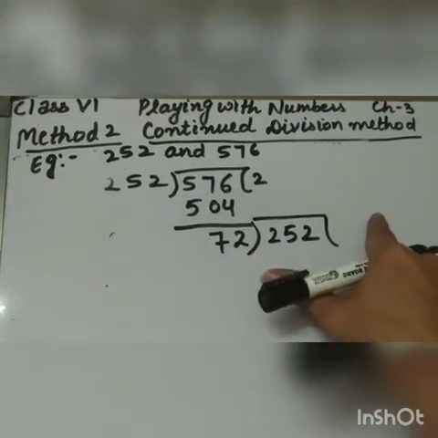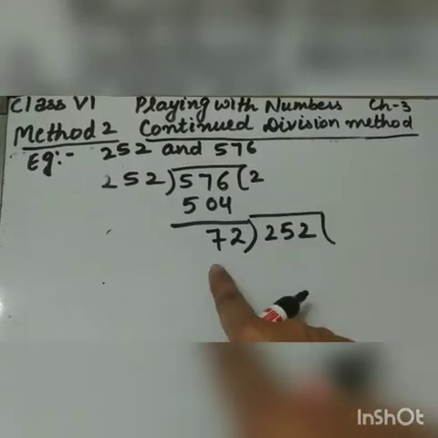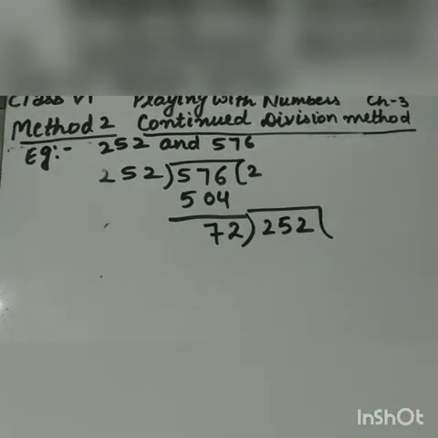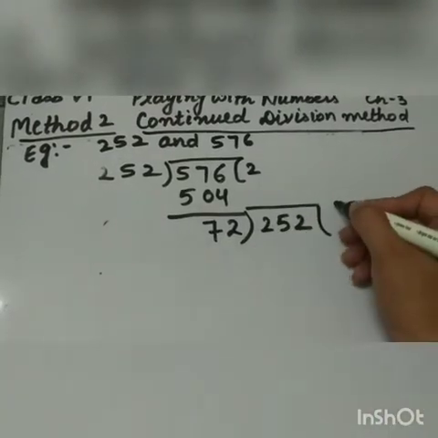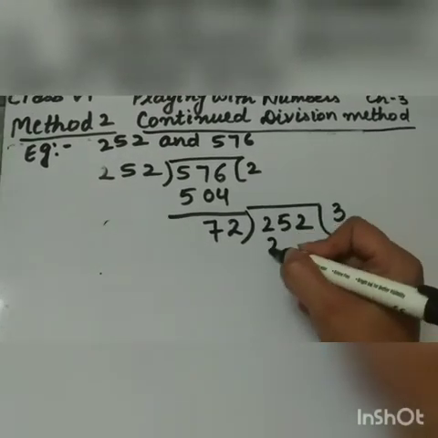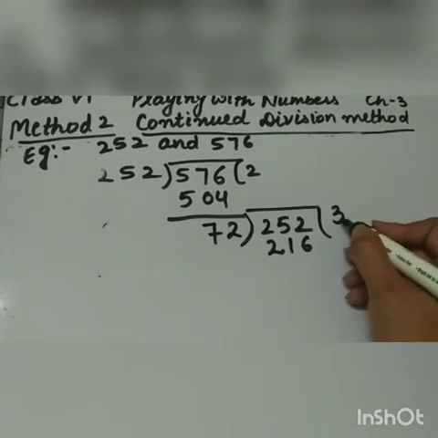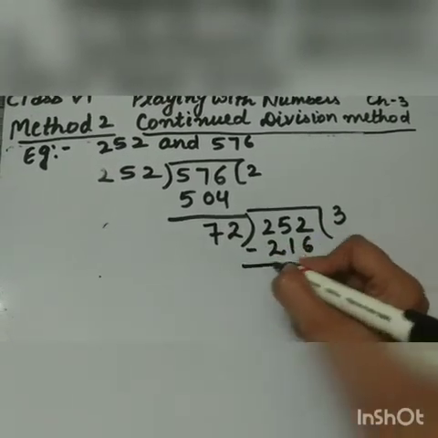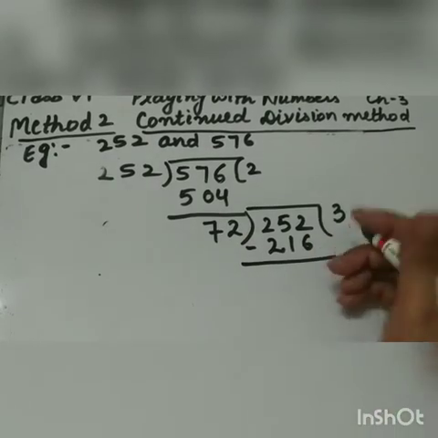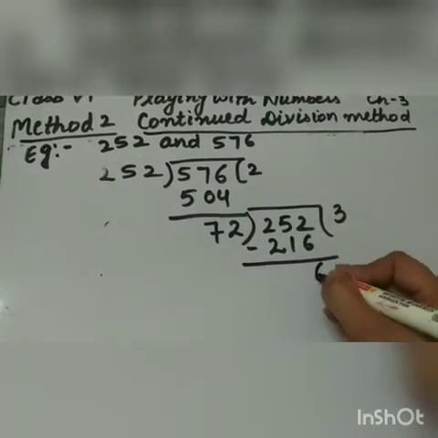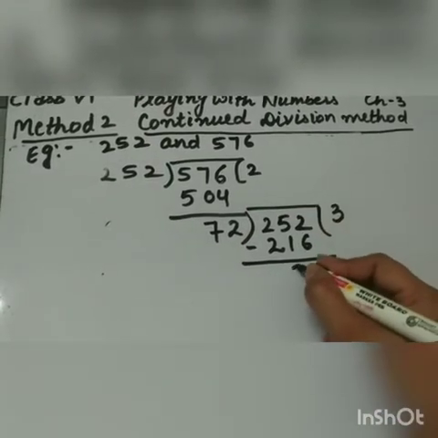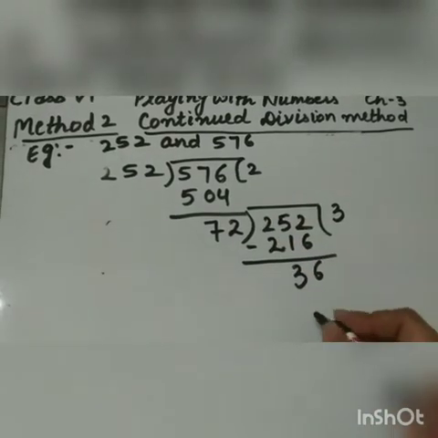Now again, the same method: divide 252 by 72, and 72 threes are 216. Subtract these two. 12 minus 6 is 6, 4 minus 1 is 3, and this will be 0.